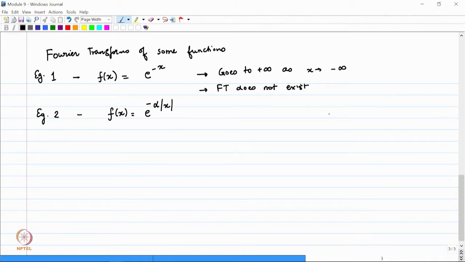So now, if you just had e to the minus x, your function looks something like this. This is e to the minus x. On the other hand, if you take e to the minus absolute value of x, then it looks like this.